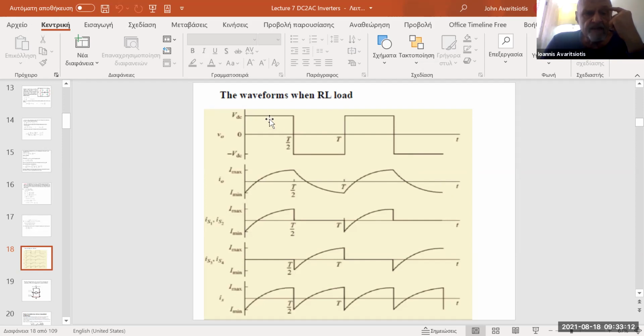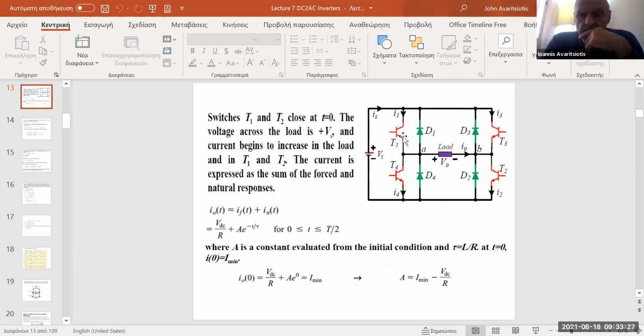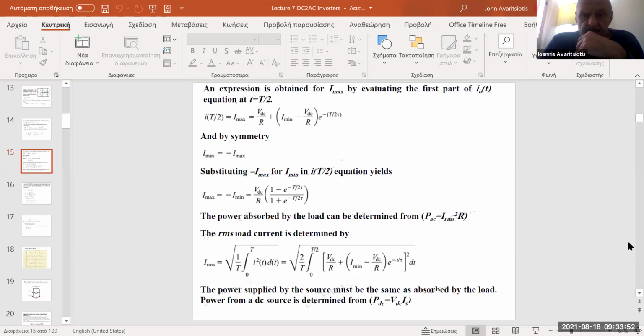So when the couple of switches T1 and T2 are turned on, whereas the switches T3 and T4 are off, going back to this diagram, when switches T1 and T2 are closed, whereas switches T3 and T4 are open, then you would expect to have a current flowing through transistor T1, through your load, and back to the source through transistor T2, whereas T4 and T3 transistors are off, open as switches.